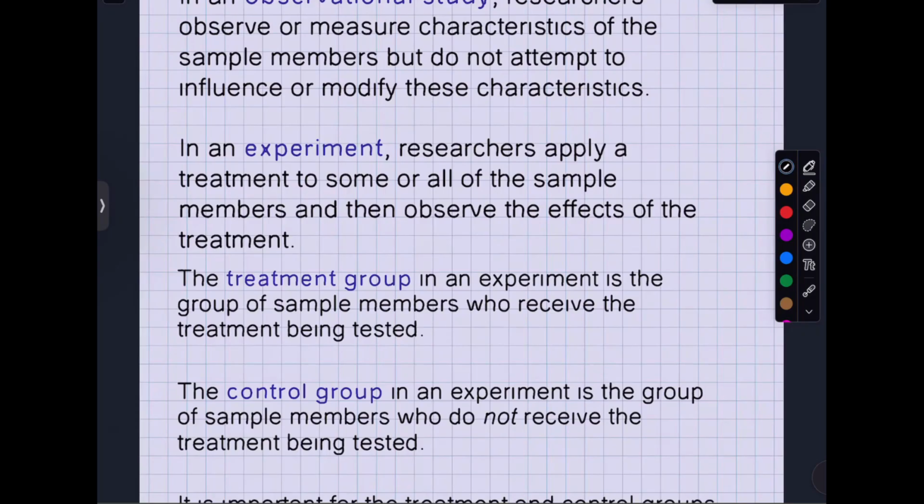Experiment. Treatment groups. Control groups.